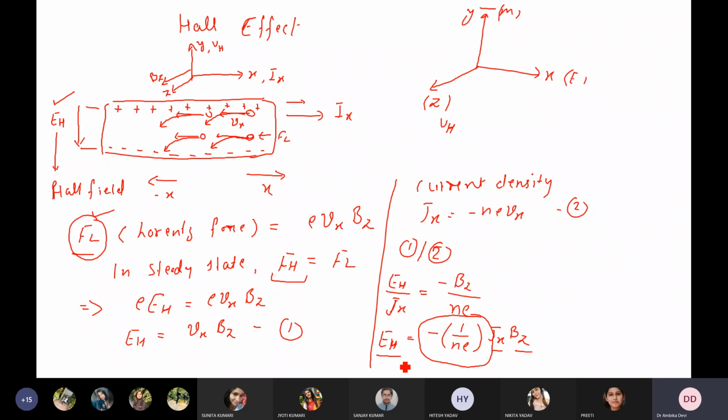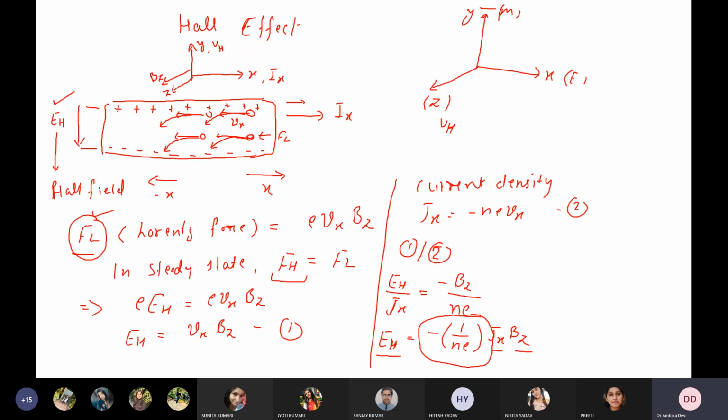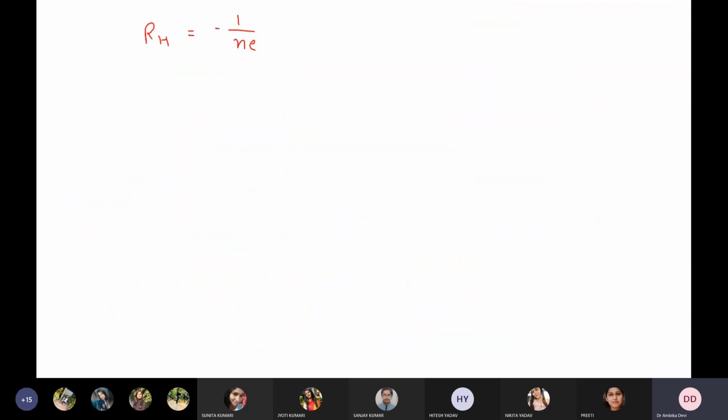So this constant of proportionality could be replaced by a constant known as the Hall coefficient, right? And its value is minus 1 upon n e. Okay, so here we have replaced this constant by the Hall coefficient, and the value of the Hall coefficient is minus 1 upon n e.